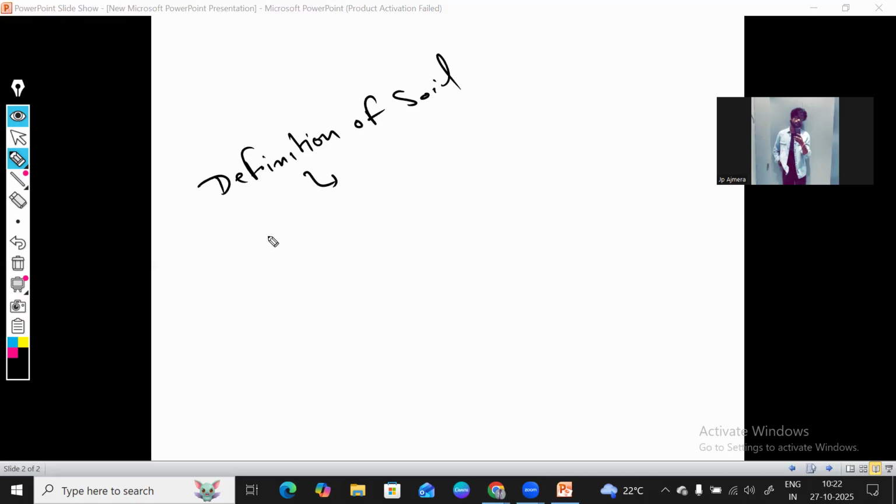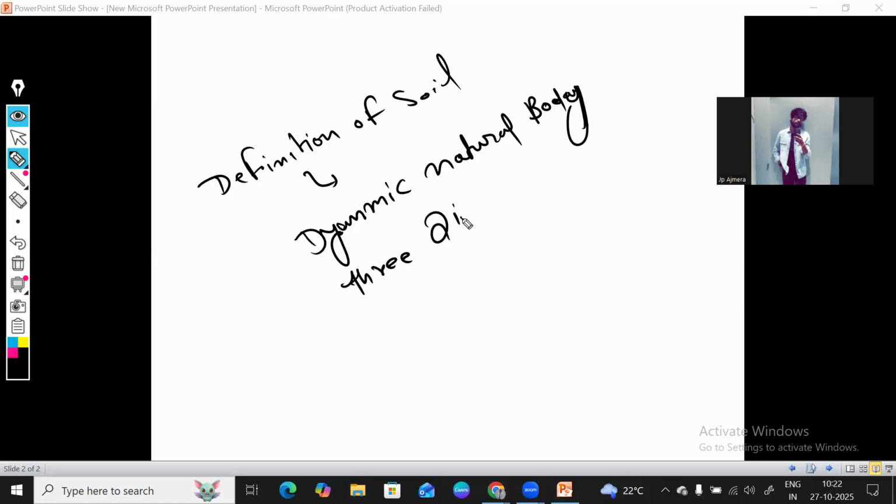What does the definition of soil say according to Nemraj Sunda? The soil is a dynamic natural body. The first thing is that it is dynamic, a natural body. The second thing is that it has three dimensions, a three-dimensional structure.